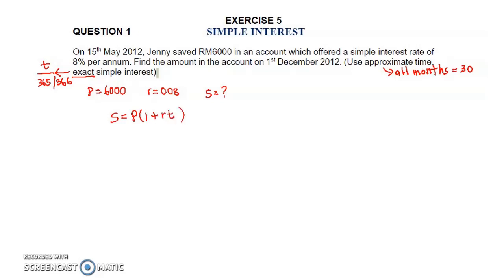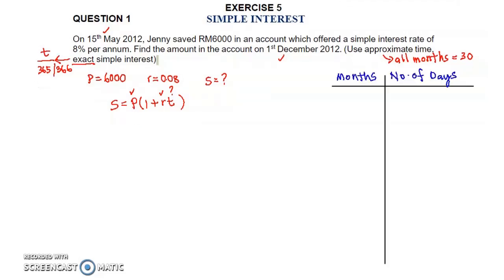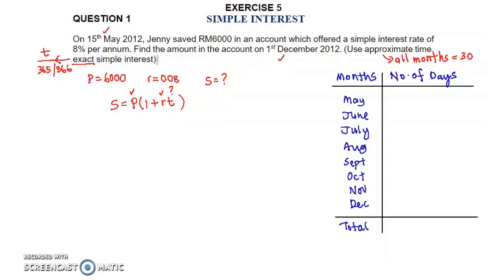Okay, check on the values. We have P, we have R. How about T? Now we have two dates given here, 15 May to 1st December. So we need to calculate the number of days between these two dates. We use approximate time, so all months equal 30 days.